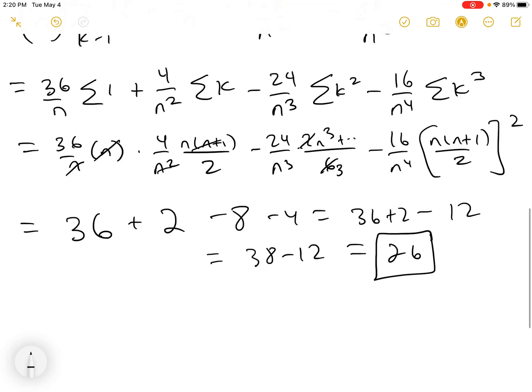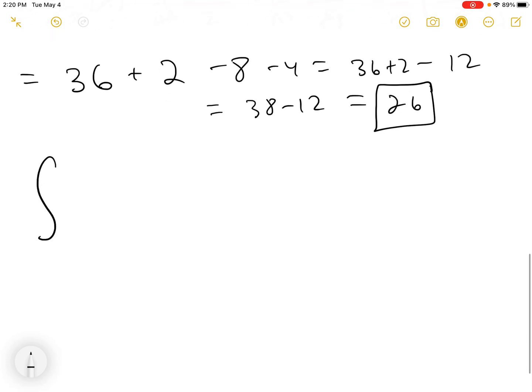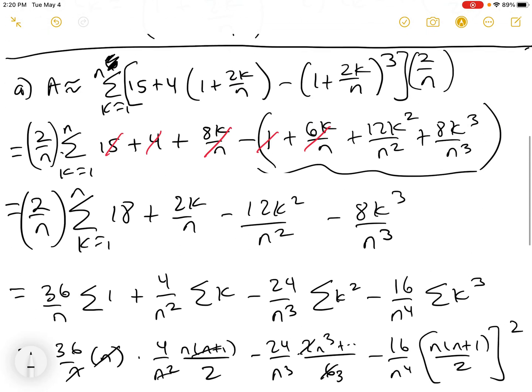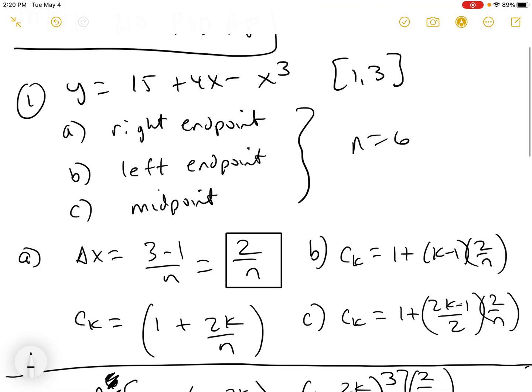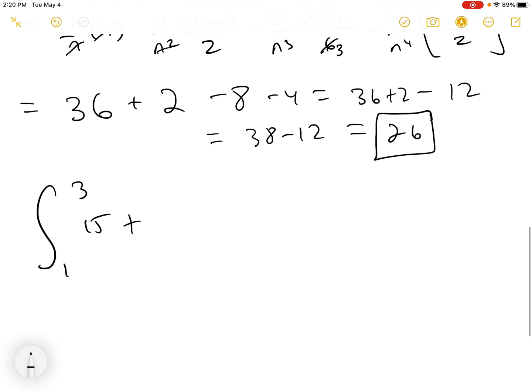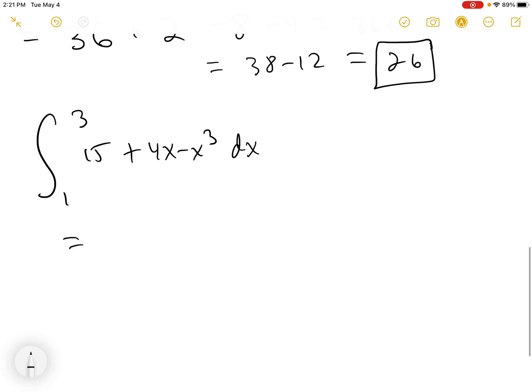Just skipping ahead here, let's look at the integral. The integral from 1 to 3 of 15 plus 4x minus x cubed dx. By the FTC, this is 15x plus 2x squared minus x to the 4th over 4, from 1 to 3.